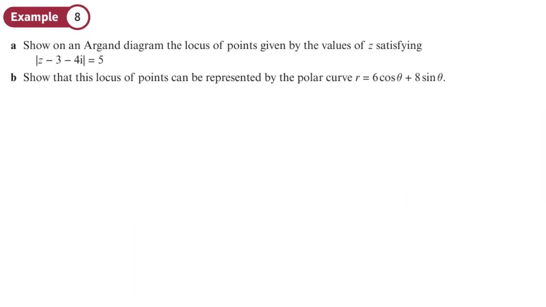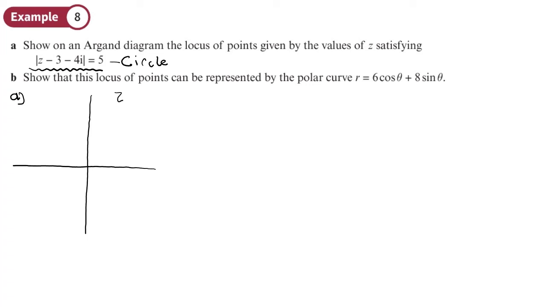Okay, in part A, it's asking us to show that loci on an Argand diagram. Now hopefully we should remember from core 1 that's a circle. So let's draw that. So we need our axis for an Argand diagram. Let's write the equation in the correct form so we can find the center. So it's going to be z minus, so that's going to be 3 plus 4i will be the center.